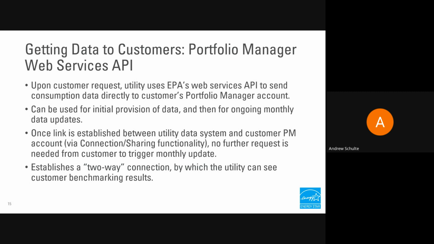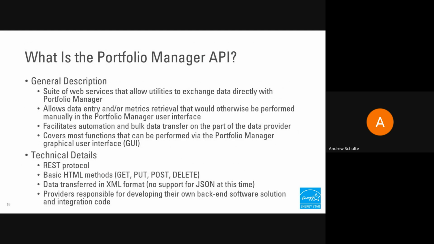And we can talk a little bit further in this presentation about why that might be desirable. But let's talk a little bit more about the technical details of the Portfolio Manager API.